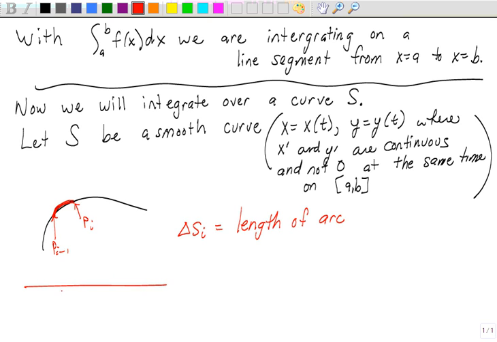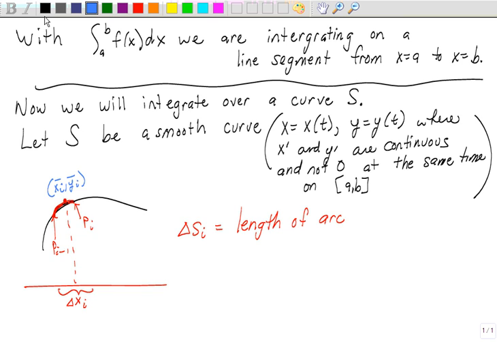And down here we have delta x i. And we're going to pick any point, and we're going to call that point x i bar, y i bar. That's any point in that subinterval.